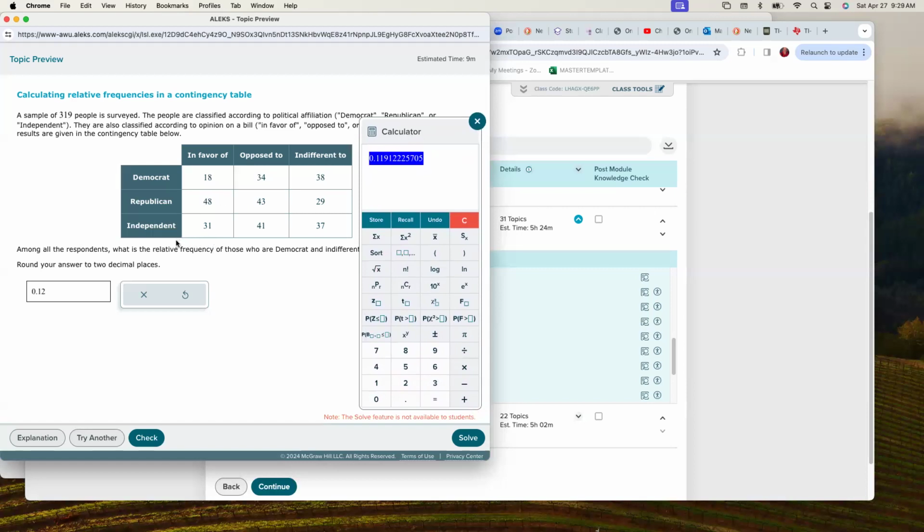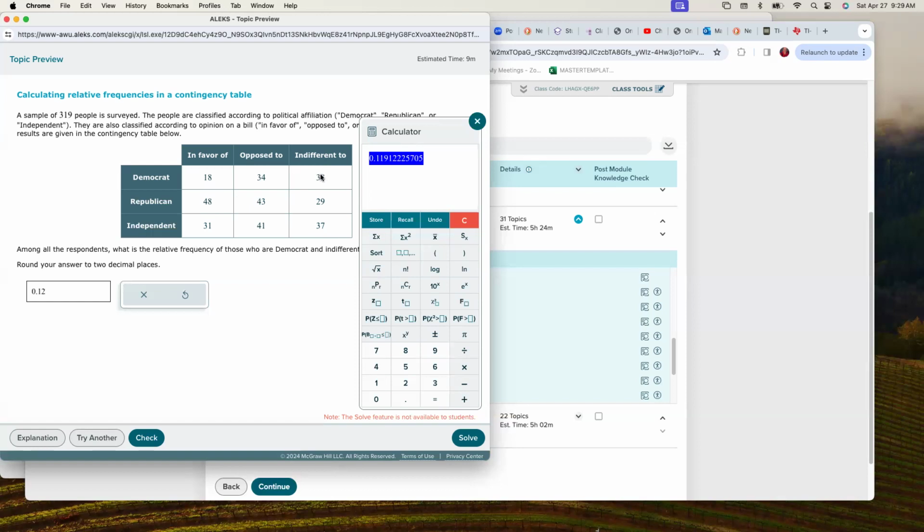And the other one, again, is this idea that relative frequency is a fraction or a ratio or a proportion, or sometimes, again, we can word this in the context of a probability. So once again, if I had 319 people, what is the probability that out of that 319 I randomly select, meaning all 319 have an equal chance of being chosen, someone who is Democrat and also indifferent to the bill?